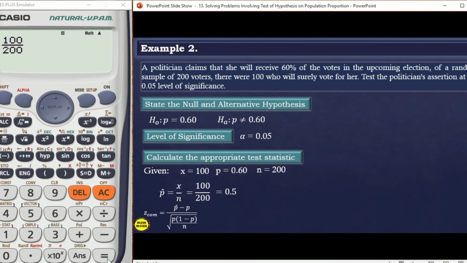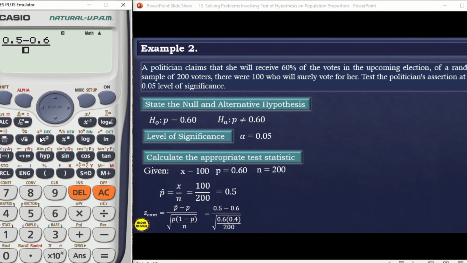So, 0.5 pala, hindi 0.05. 100 divide 200, that is 1/2 or 0.5. Then, after nyan, kunin natin yung computed value natin using this formula. So, substitute lang natin lahat ng given data natin sa formula na yan. So, fraction bar, 0.5 minus 0.6.